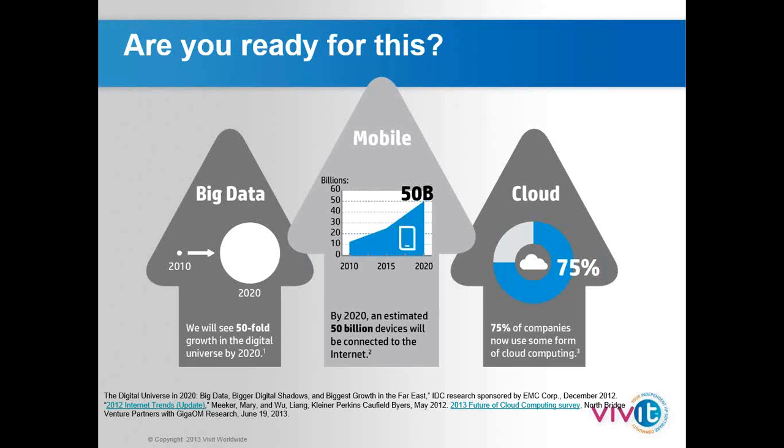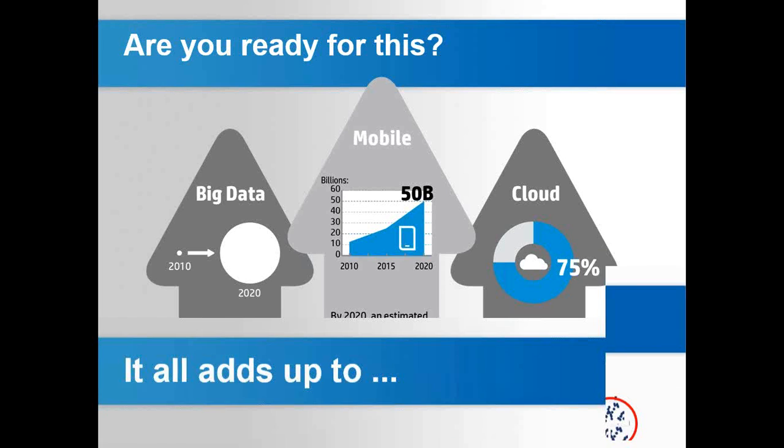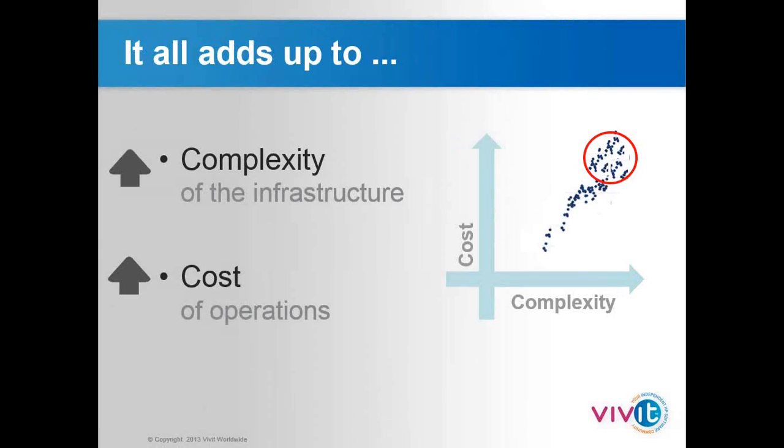As we know today through various surveys, 75% of the organizations in some form or the other are actually using cloud-based solutions, and it is expected by 2020 that this number will hit 100%. Now, while these are trends, how do they impact the IT organization and the business alike? It certainly puts up a lot of impact in two aspects if you were to bucket it together in terms of complexity.